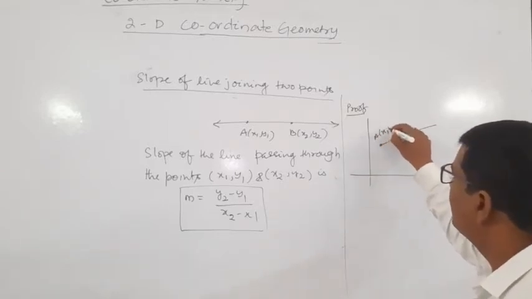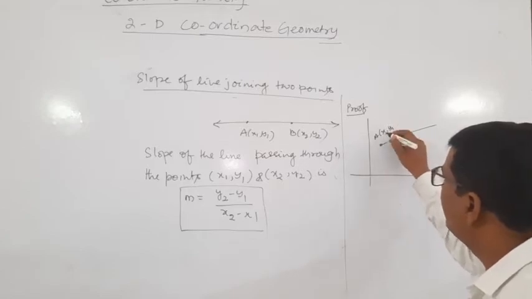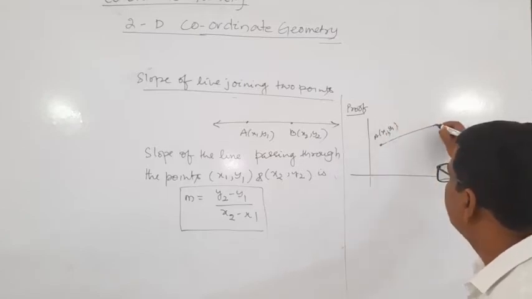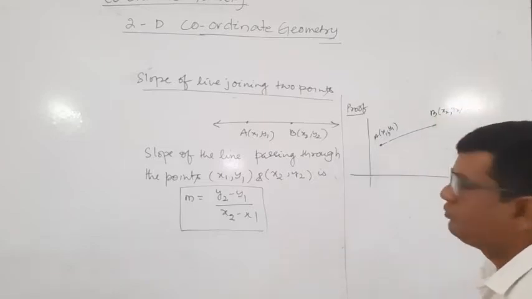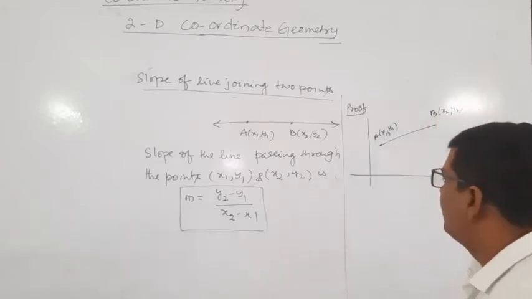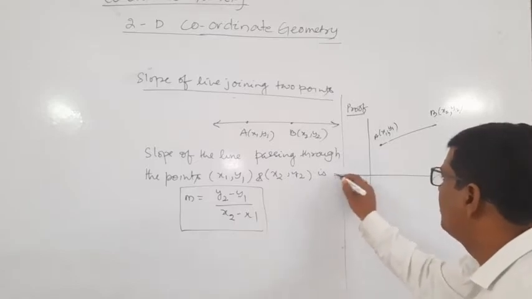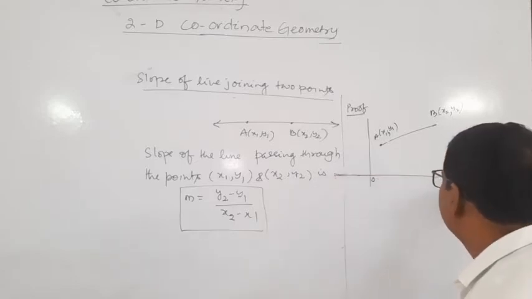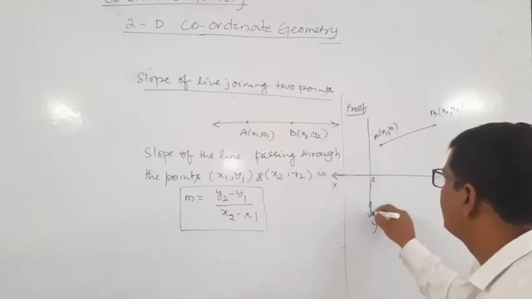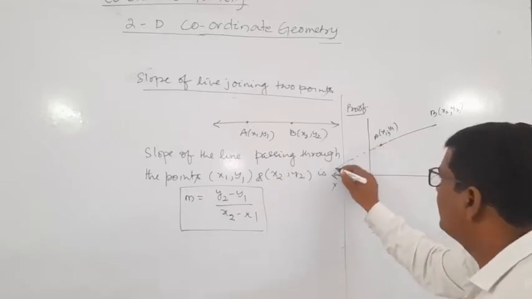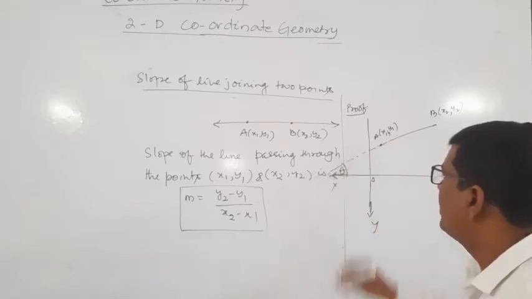Suppose A of x1 y1 and this is B of x2 y2. Okay, and this will be the origin, this is the x-axis, this is x dash, and this is y dash.